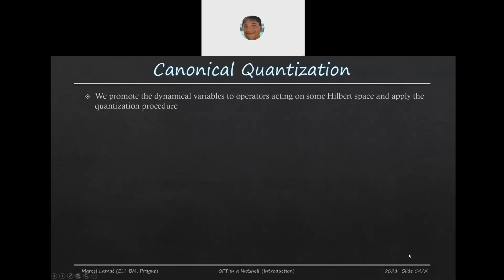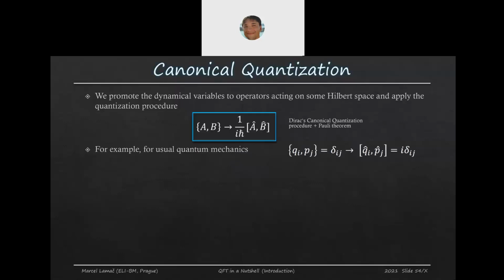And now comes the process of actual quantization. We promote the dynamical variables to operators acting on some Hilbert space, and we apply the quantization procedure. What is the quantization procedure? Well, in classical mechanics, there are some Poisson brackets that are satisfied, for example, the Poisson bracket of the canonical configuration coordinate and the canonical momentum.